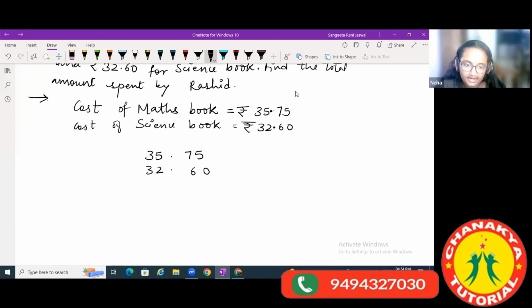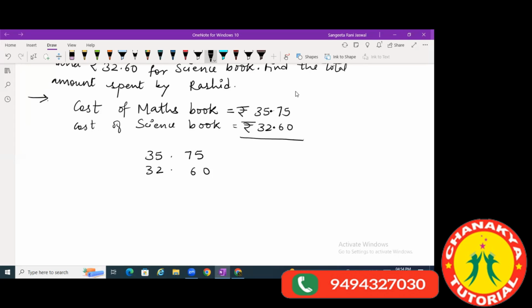We will add. Please children, I have seen many children do the calculation here, but please don't do it here. Doing it like this creates mess. Sometimes there is no space in the line. So you should always do the calculation below.